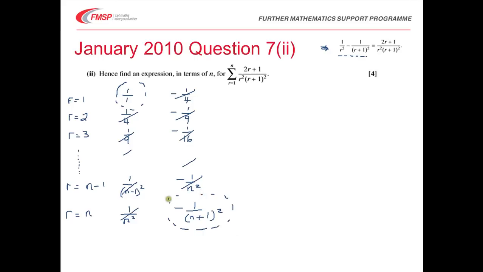So what we've got is that the sigma from r equals 1 to n of 2r plus 1 over r squared upon r plus 1 all squared is equal to 1 minus 1 over n plus 1 all squared.